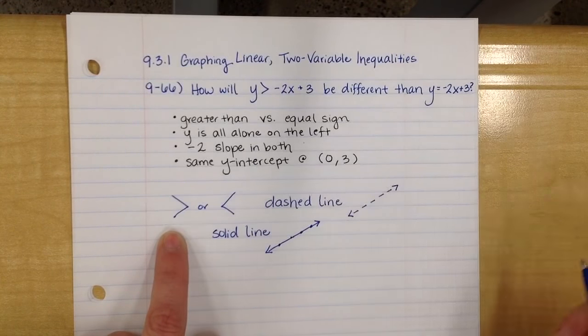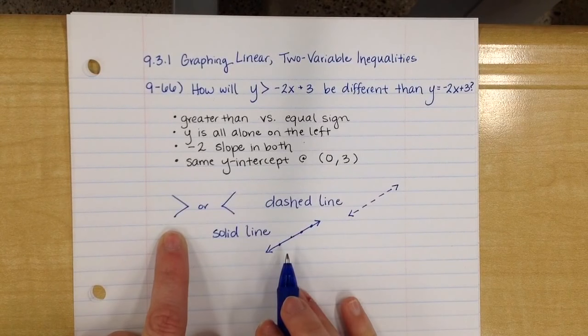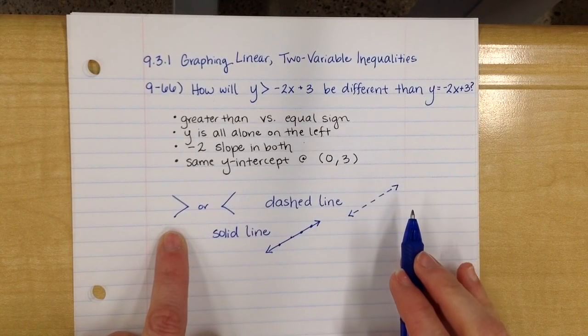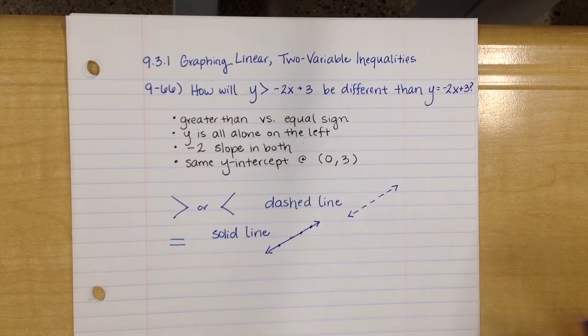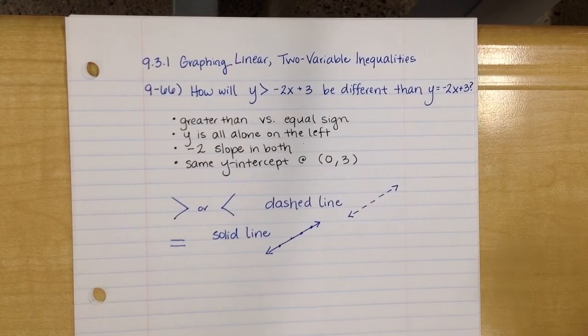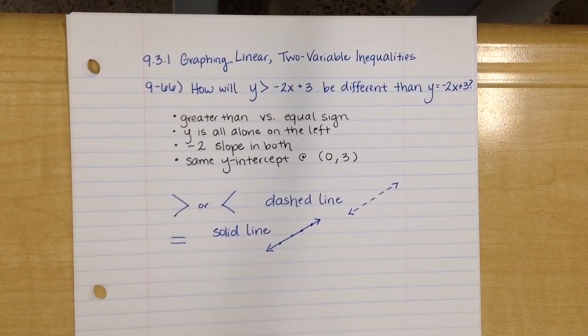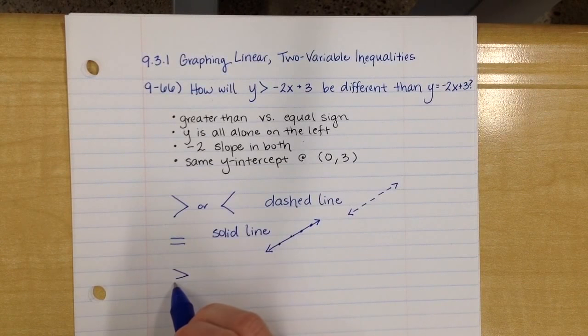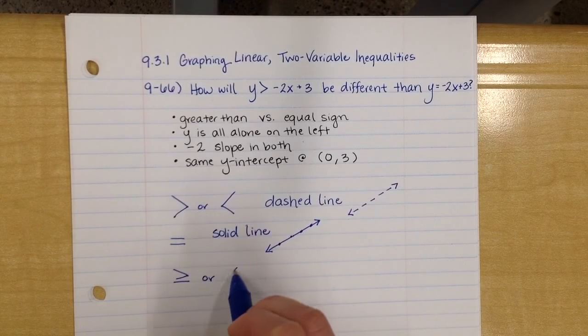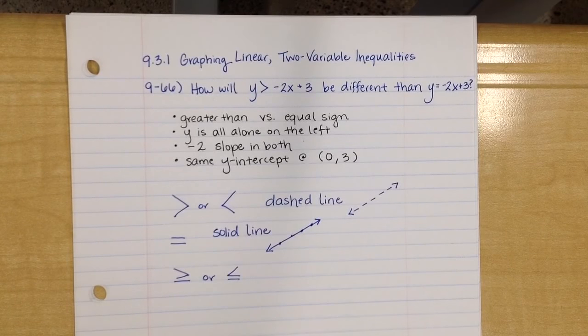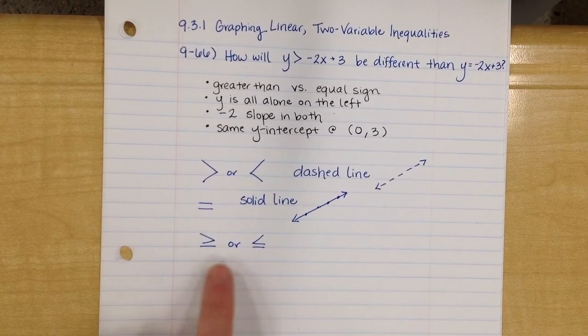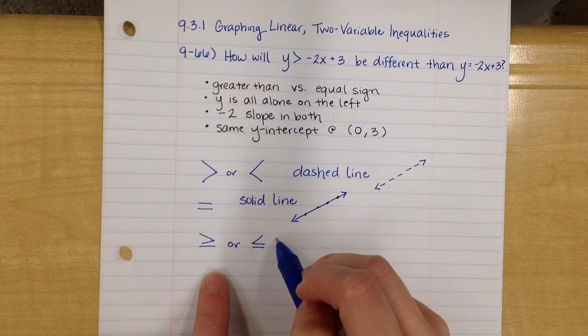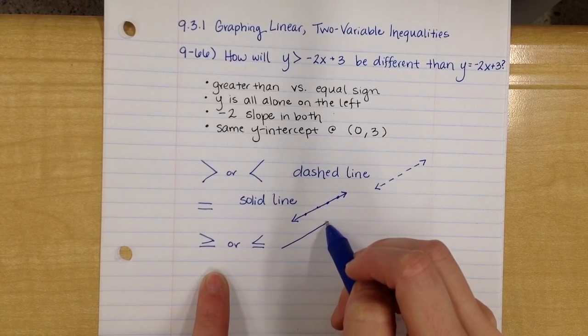So we draw our line, though it might have the same slope, as a dashed line. We don't connect the coordinates; we draw it with dashes in between them. This isn't true if we have a greater than or equal to or a less than or equal to symbol, because in this case we still have that equal sign.